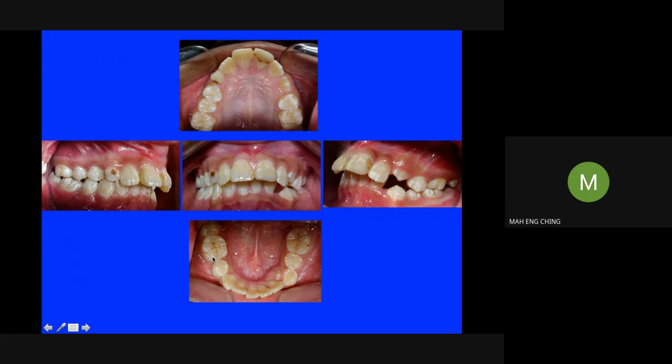So like you said just now, we can assume it's an impacted 5 or impacted 3, or maybe give this patient 5i. We're talking about missing teeth, then the patient may give you a 4H. Agree? Either the 4H or 5i for this case. Yes, agree.